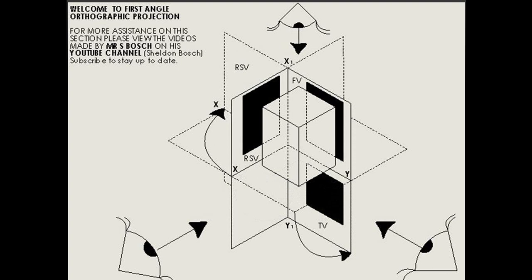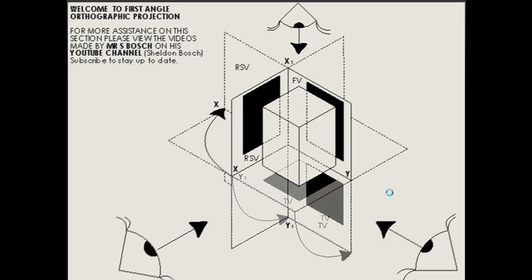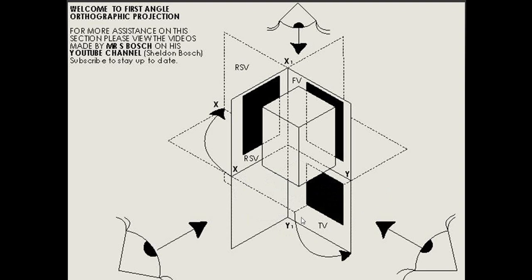Please take note that the Y, or the Y1, is going to be moving down to the bottom over here. I've already labeled it here, and I've already labeled this one top view. There it goes. Right. My Y1 will now end up over here.